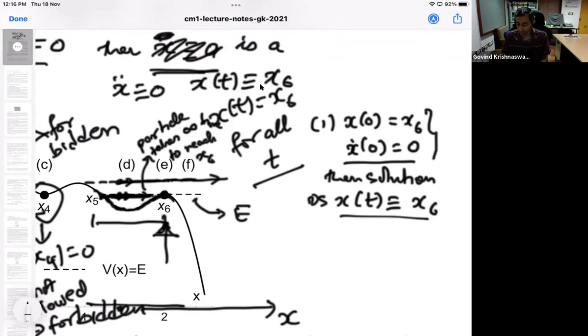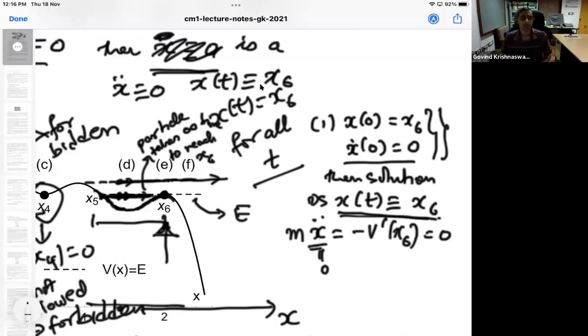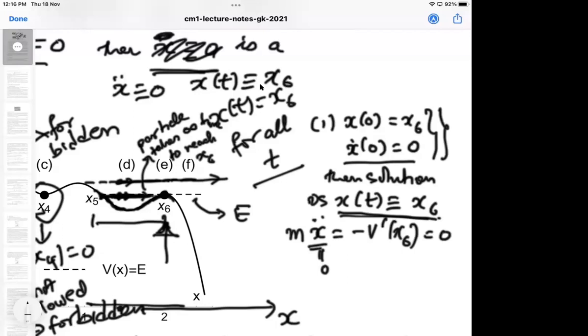Because it's identically x6, if you differentiate, you will get 0. It also satisfies the equation of motion, which says that m x double dot is equal to minus V prime of x6, but that is itself 0. And if x is identically x6, its second derivative must also be 0. So the equation of motion is satisfied, initial conditions are satisfied. So this is a solution. Rajdeep, are you comfortable with this solution? Yes, sir. This is okay. Very good.